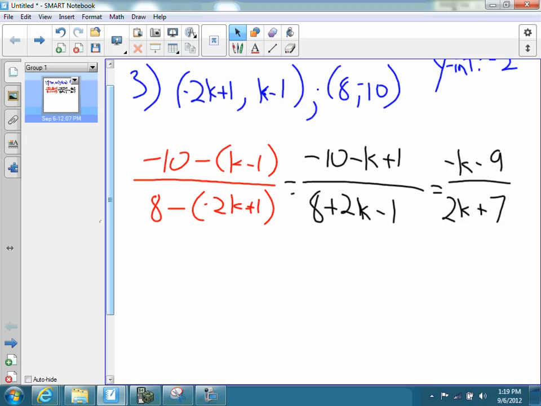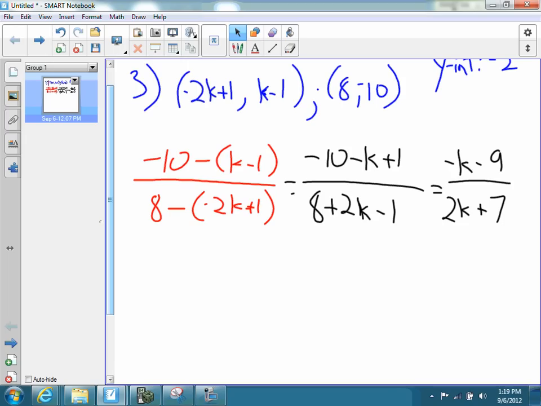I was going to say make the bottom equal to the top and solve it. Make this equal to that? No, that wouldn't work, but it's a good thought.